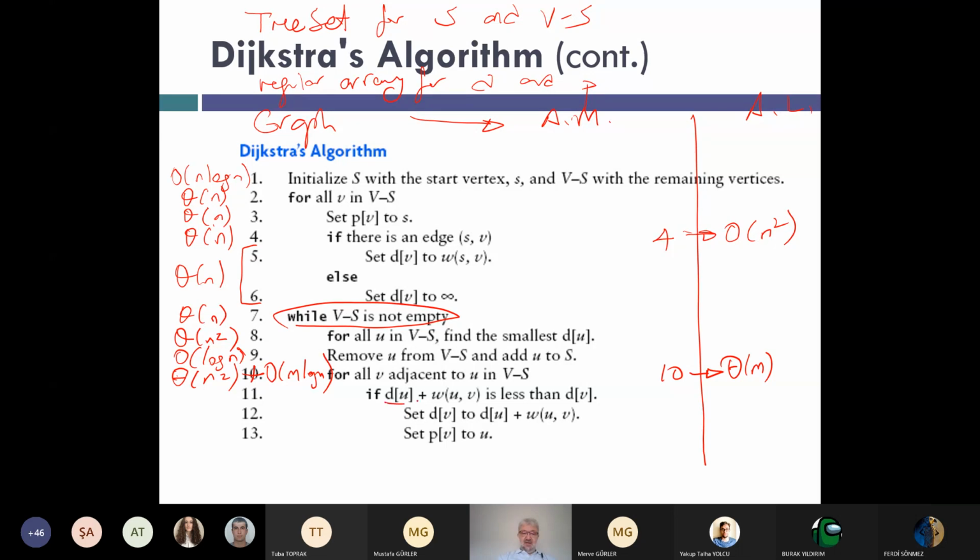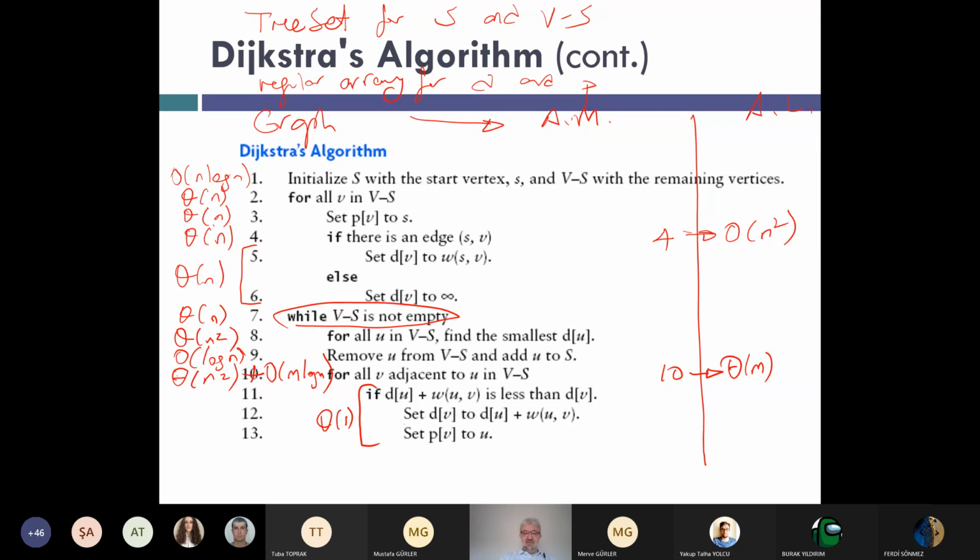We check that du can be obtained in constant time. Since we find the edge, we can get this weight in constant time, and checking whether it is less than du or not can be done in constant time. If it is necessary, setting can be done in constant time, right?